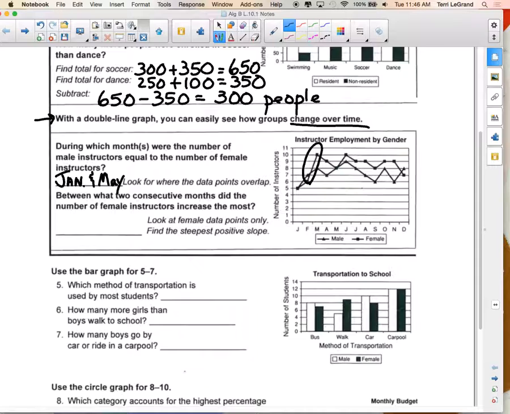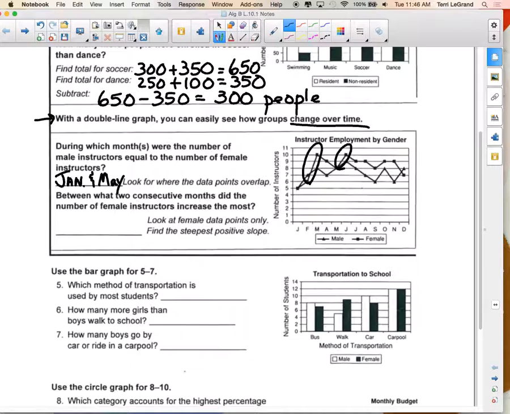So I'm kind of questioning right here. Couldn't it be that one? Yeah. How about, why not from March to June? How come we can't say from March to June? Or May to June? No, yeah, May to June. It's because the number of female instructors increased the most. So how much does it increase from May to June? Goes up 2.